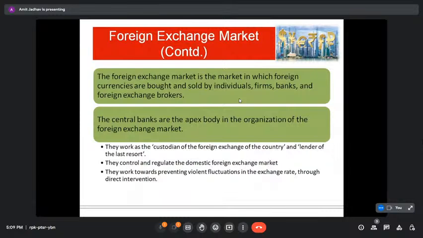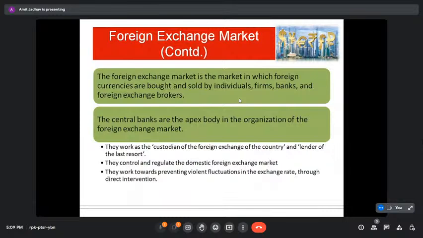They can sell and buy currency in the market, and such a market is known as a foreign exchange market.